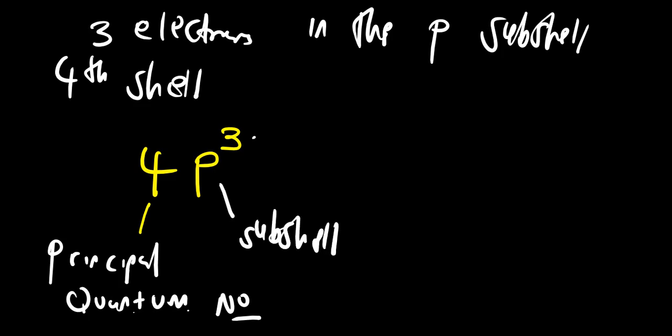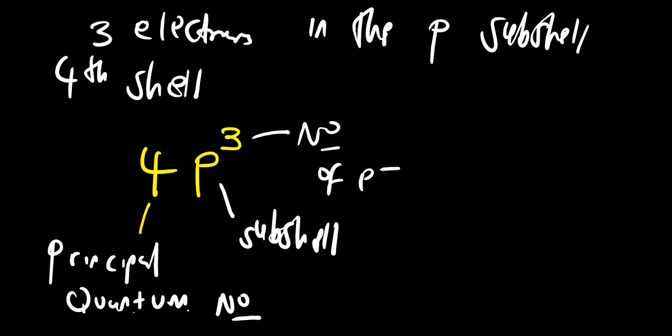Then your 3 is the number of electrons in the subshell, your superscript, like that. So this is what you are going to show. We always begin with the ground state of 1 electron, which has an S subshell.